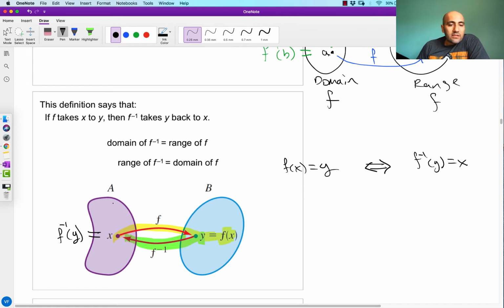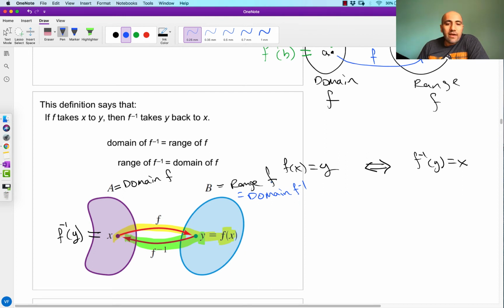So A is the domain of f. And B is the range of f. But also, if we're going backwards, that means that this is the domain of f inverse. The reverse function takes values from here and maps them back to here.